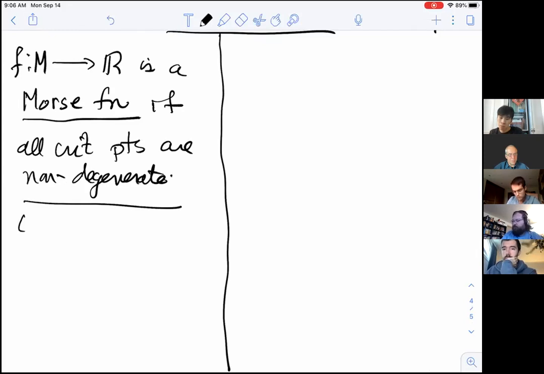By what I've just seen, the local model tells you a non-degenerate critical point is the only critical point in some neighborhood. If you look at the local model, there are no other critical points in that neighborhood, and therefore on a compact manifold, the Morse function has finitely many critical points.